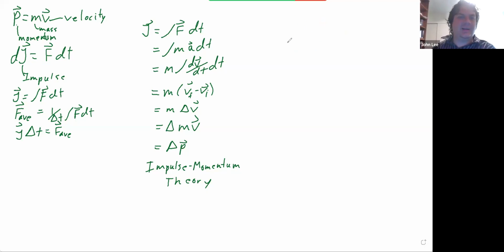So basically we got that J equals the integral of F dt, which is F delta t for large values, but we're just going to ignore that because I don't know why the book bothered to bring in delta F delta t.